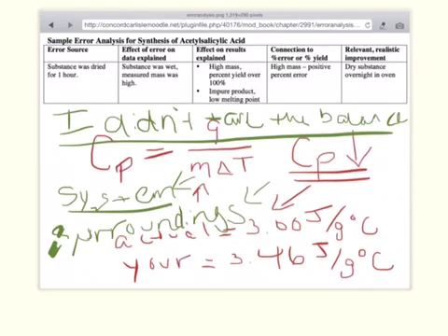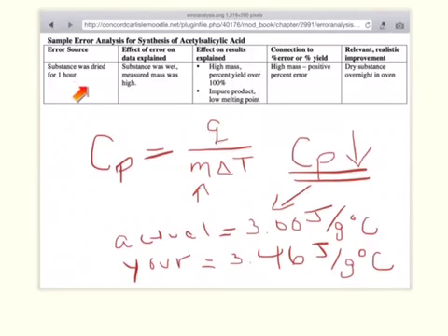Then you can talk about how Q is changed. You could also talk about, like here, energy was absorbed by the air. That means that the amount of heat transferred from the metal to the water was lower than it should have been. Ditto here.